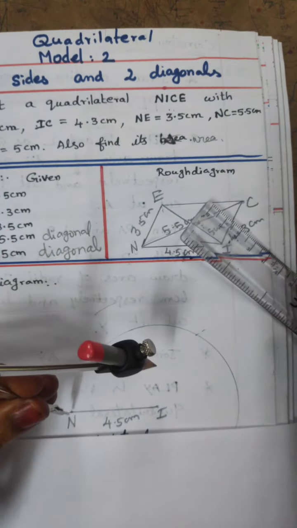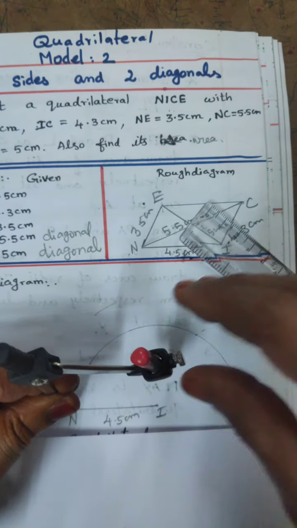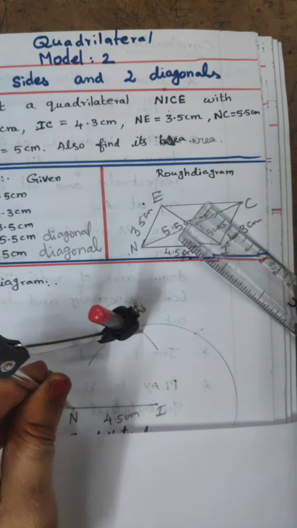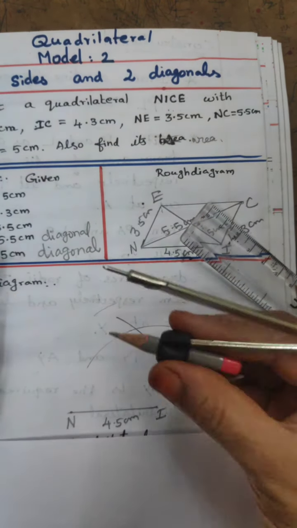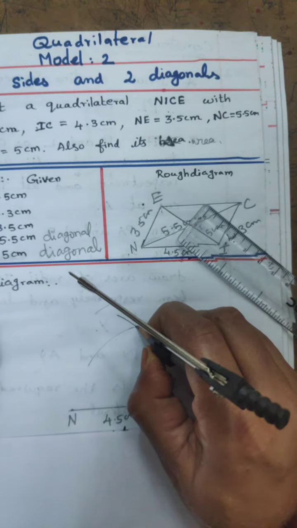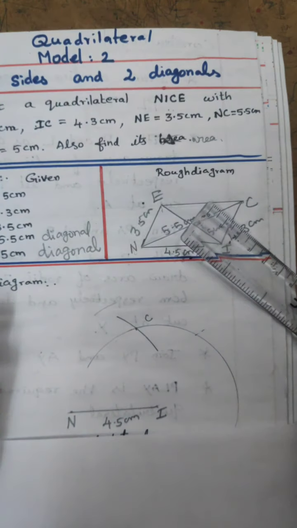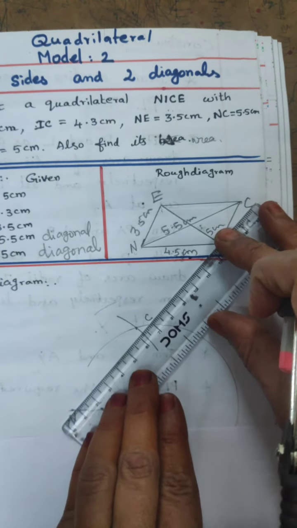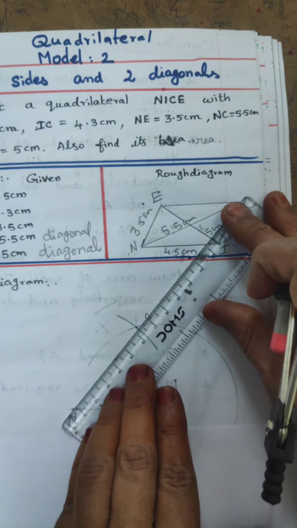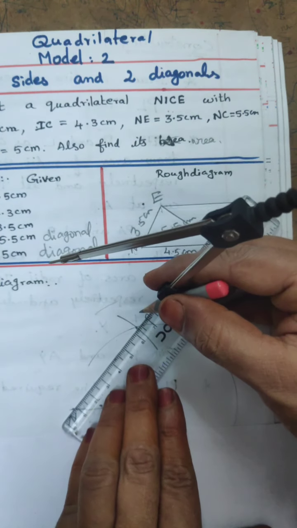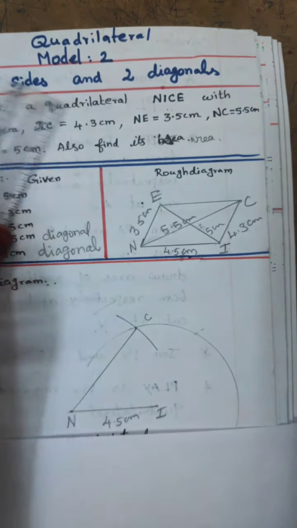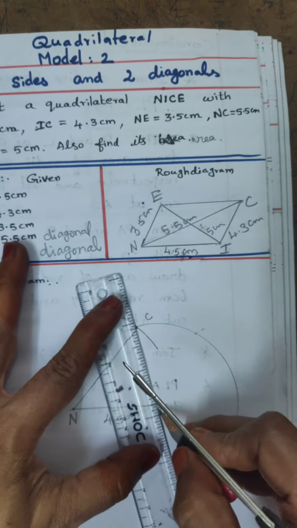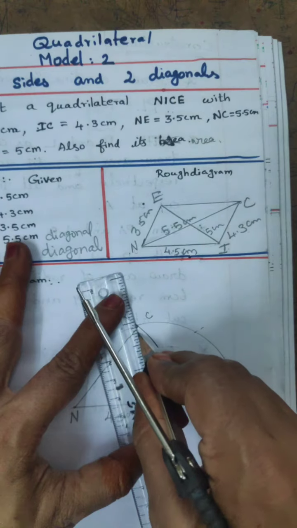Now keep the compass at N point and cut the arc. These two arcs coincide. The cutting point is what point? C. Now you join NC and IC.